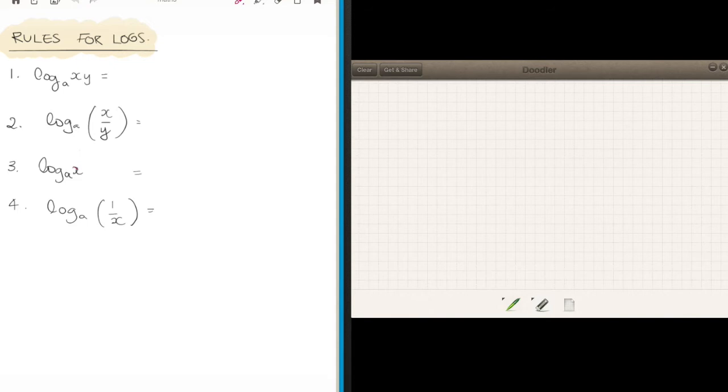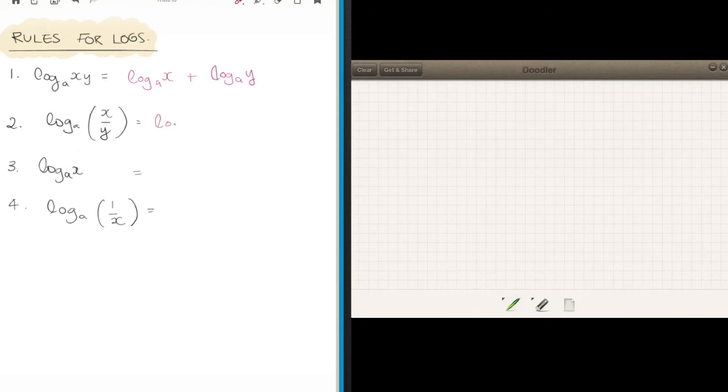Rules for logarithms are the same as exponentials, just a different kind of writing. So say log of base a x times y. This can also be written as log of base a x plus log of base a y. The second is log of base a in brackets x divided by y.